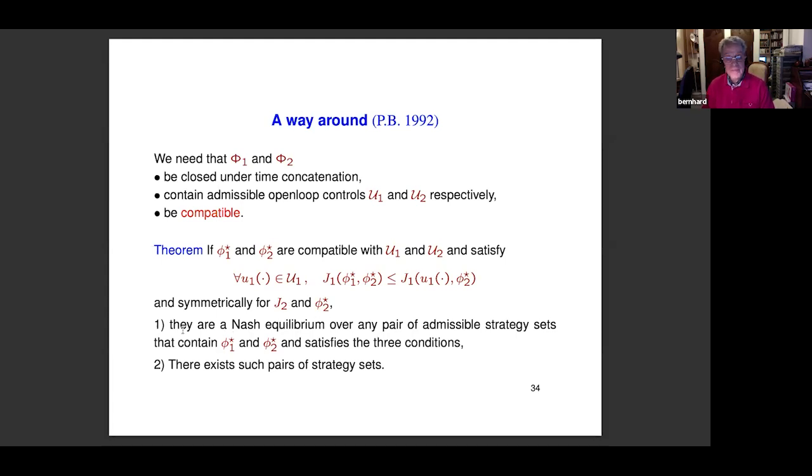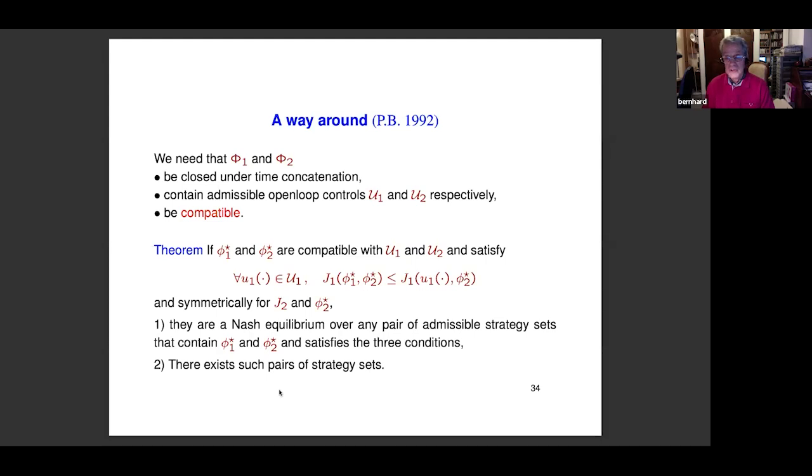Then, one, phi 1 star and phi 2 star are a Nash equilibrium pair of strategies over any pair of admissible strategy sets that contain phi star 1, phi star 2, and satisfy the three conditions. And two, there exist such pairs of strategy sets.